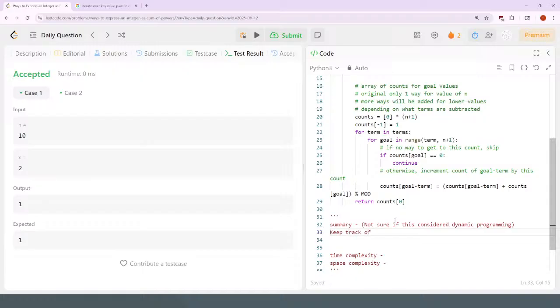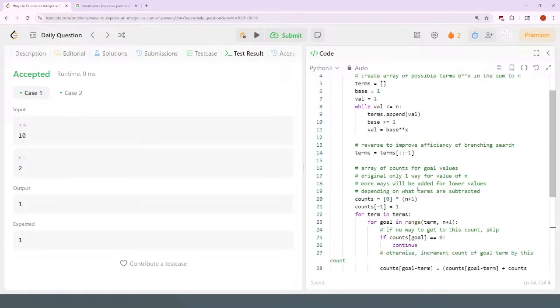Keep track of, so first step is to create an array of terms that could be used to sum to n, basically powers, where base to the power of x is a term as long as it is less than or equal to n.